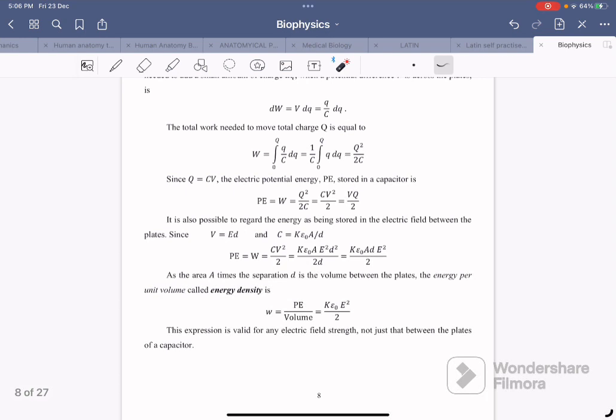So make sure you also refer to as many authors as you can, so that you can get a clear picture of the concept.